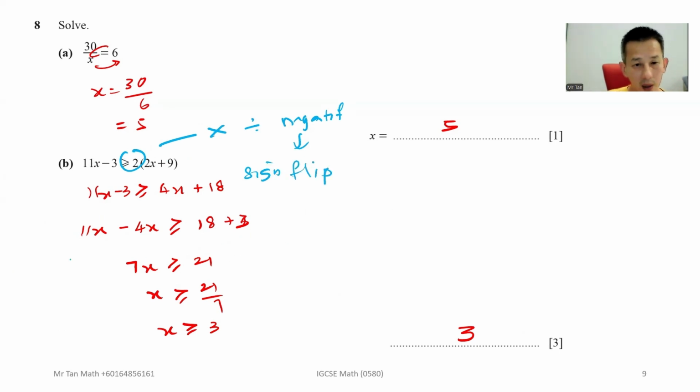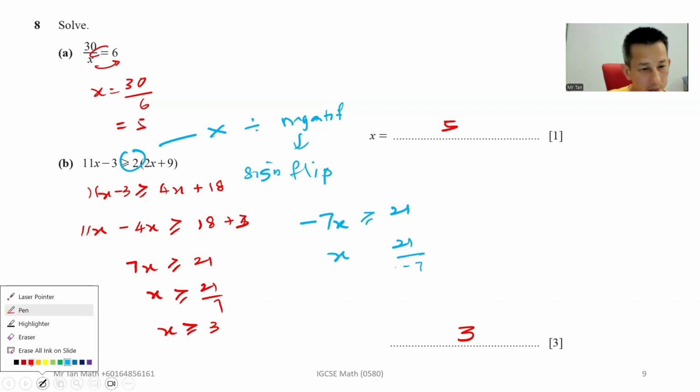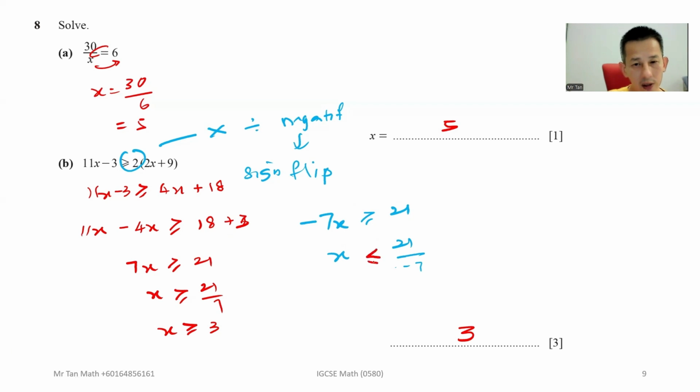For example, if you have negative 7x is more than equal to 21, so x is 21 over negative 7, the sign will flip, will change. You just need to take note of this. Other than that, just solve normally.